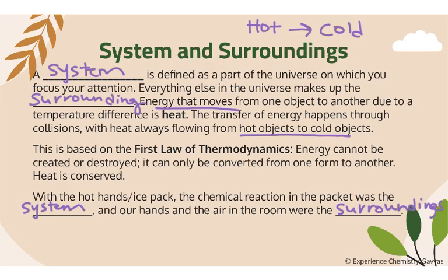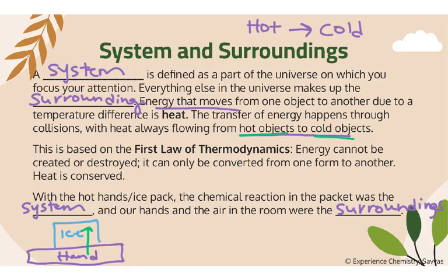And while we drew our pictures in class, here's my picture: this is my hand, and maybe this is my ice pack. Well, if my hand is warmer than the ice pack, the heat is going to move from the hot object to the cold object, so that's going to move from my hand into the ice pack.